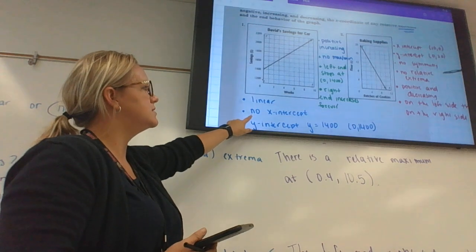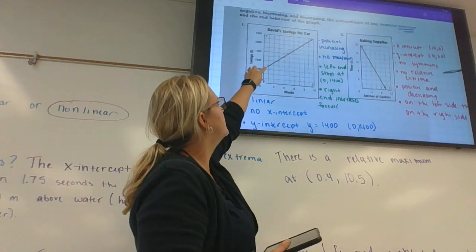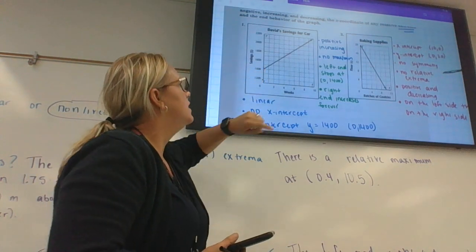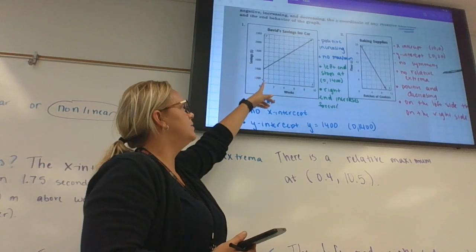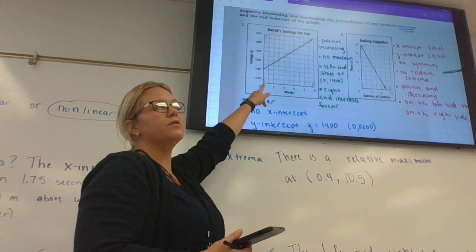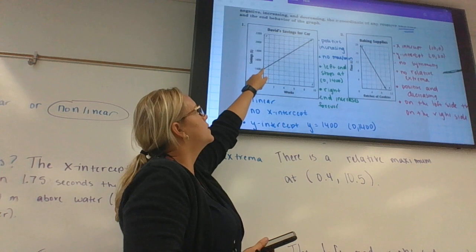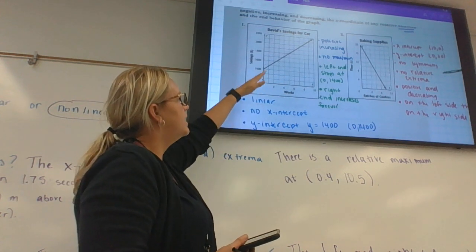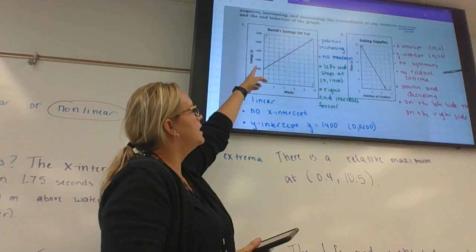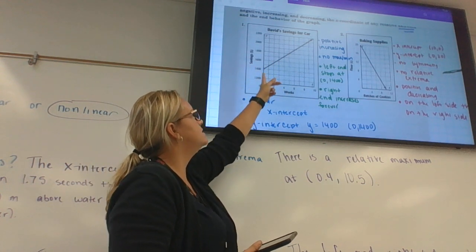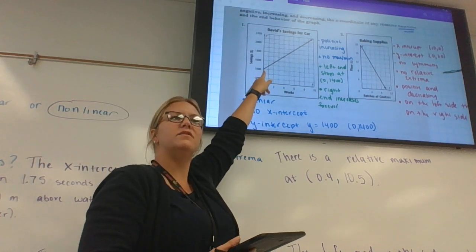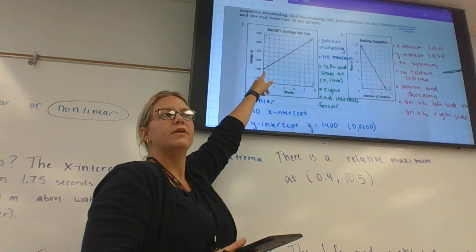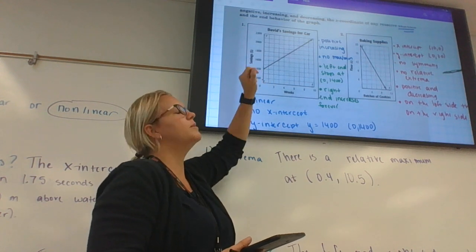There's no x-intercept, and the y-intercept is at 1400. To interpret that, I would say that at 0 weeks, when he started saving for his car, he had $1,400. The right end increases forever, and the left end stops at (0, 1400). See how this one doesn't have an arrow here? Feel better about that.